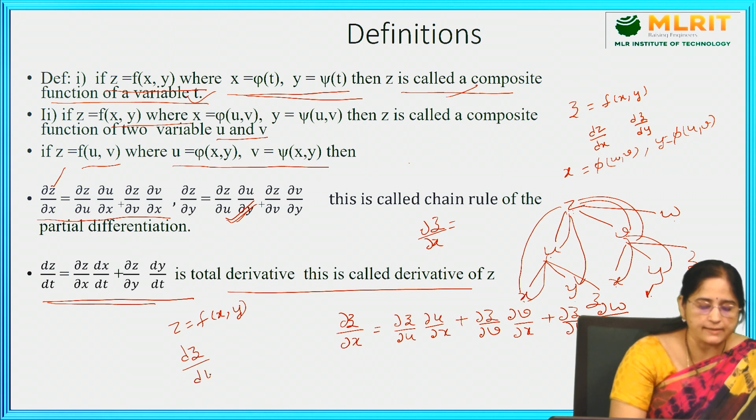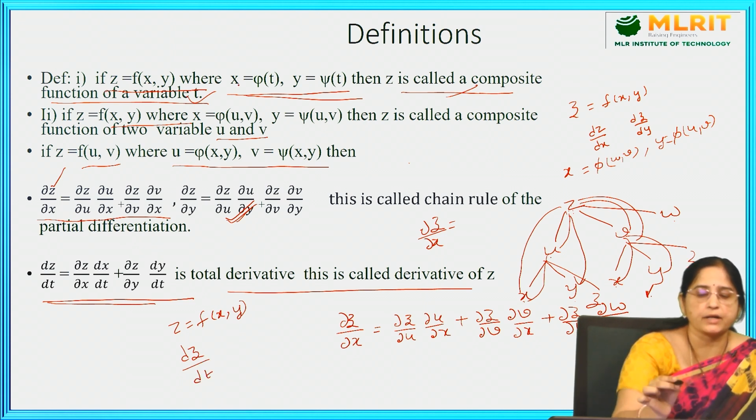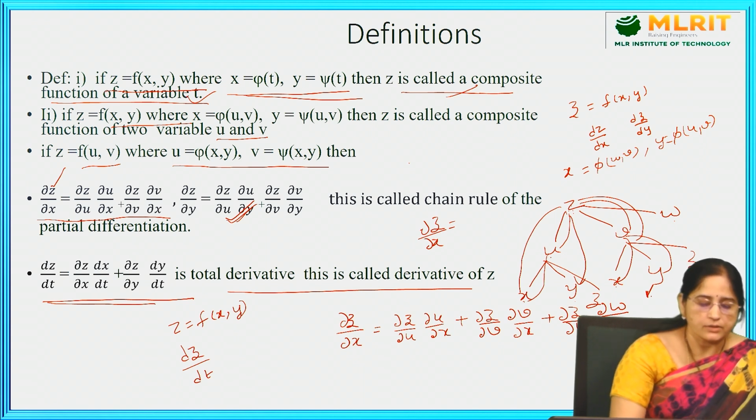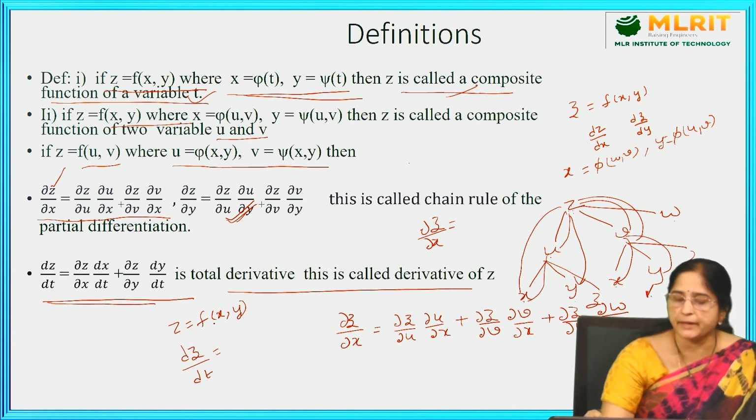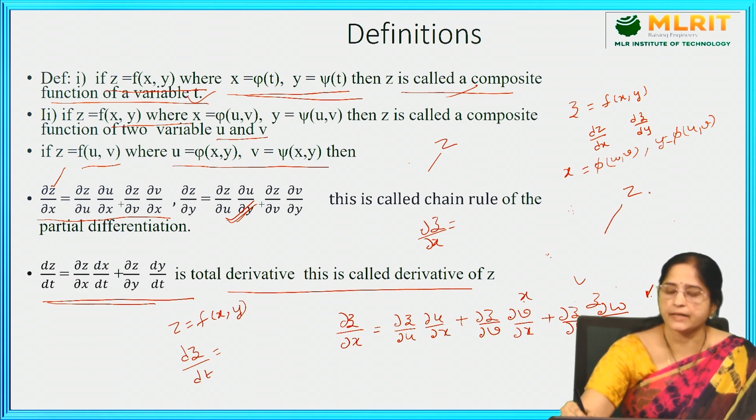Because here z is a function of x comma y, and x and y are functions of t. So dz by dt equals dou z by dou x, because z is a function of x comma y. But x and y are functions of the single variable t.